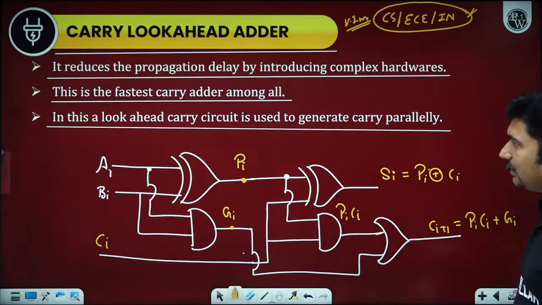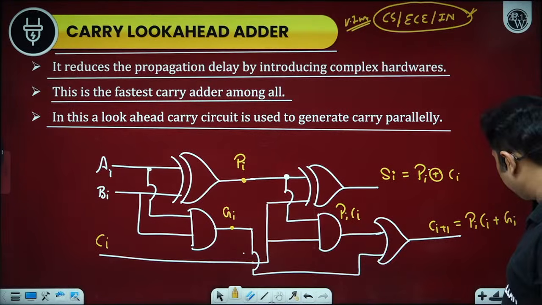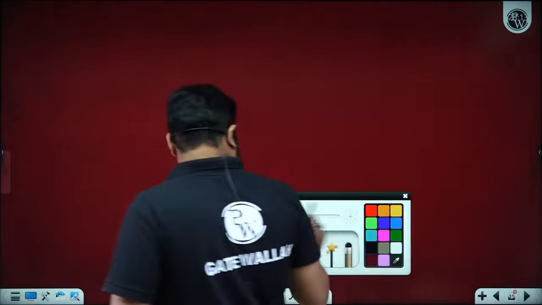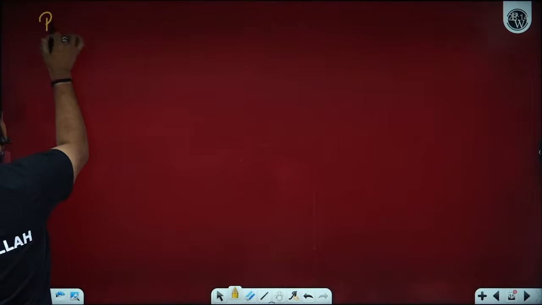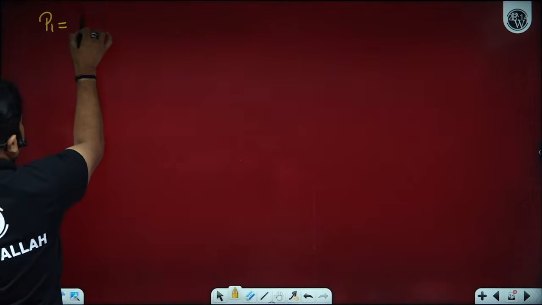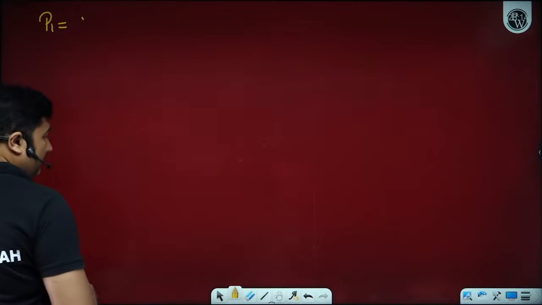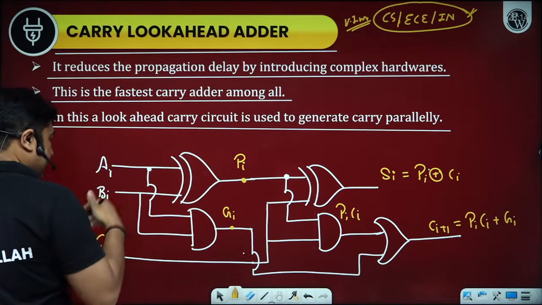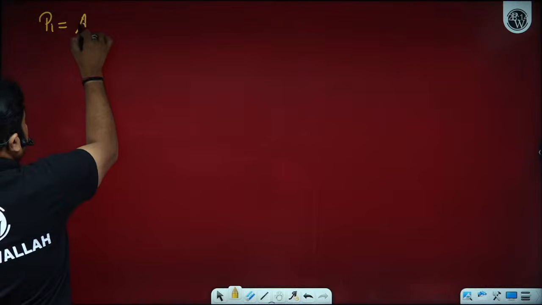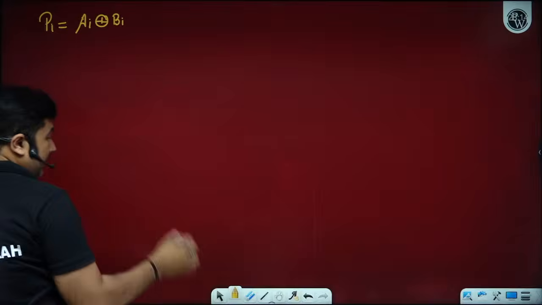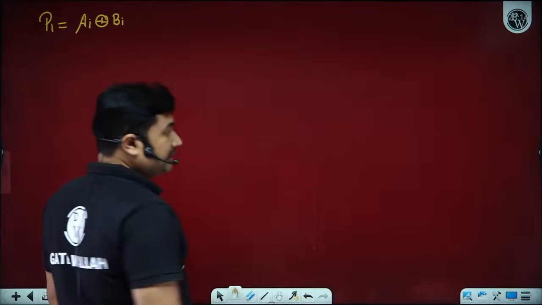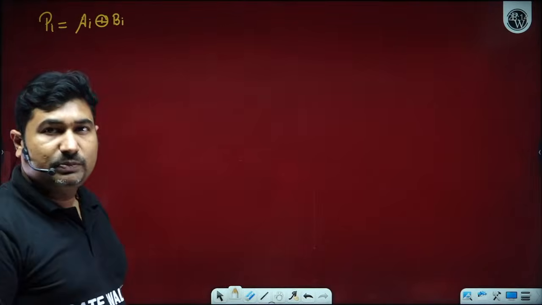Now let's talk about what the ith significant bit is. We have the propagating term Pi. What is the propagating term Pi? It can be clearly observed that the propagating term Pi is Ai XOR Bi. We have data A0, A1, A2, A3 and B0, B1, B2, B3.